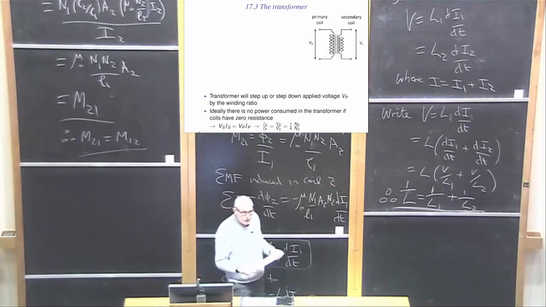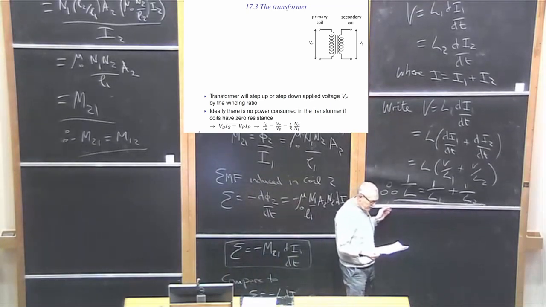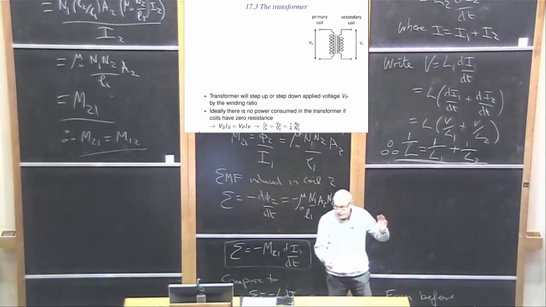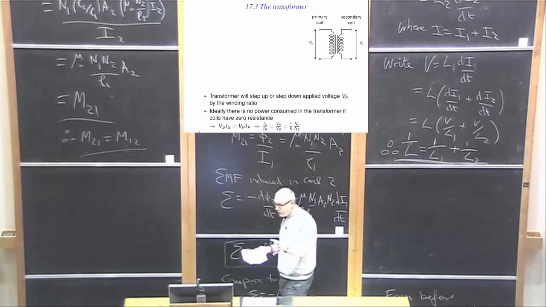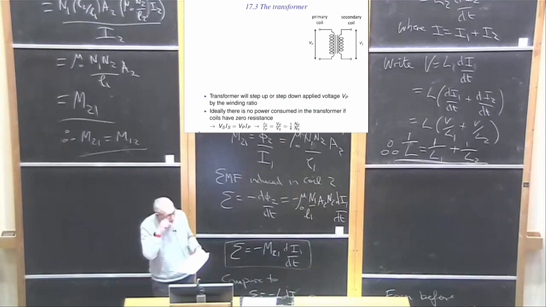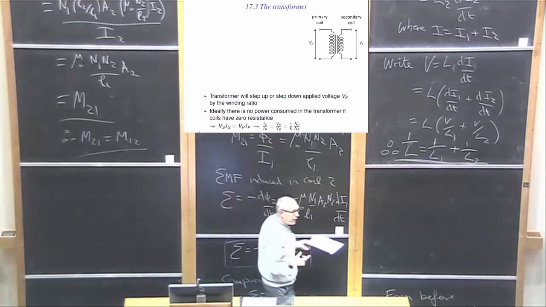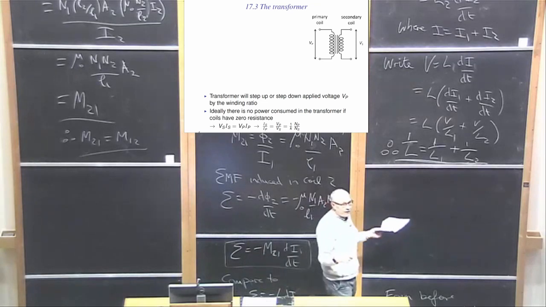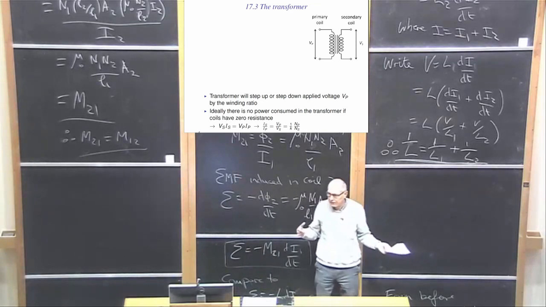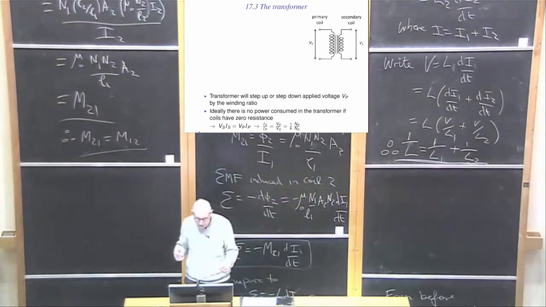Coming now to the transformer, there's nothing new in the transformer at all. We've just got two coils. It's a practical application. I'm sure you all know transformers step up either voltage or current in a circuit through their mutual interaction.